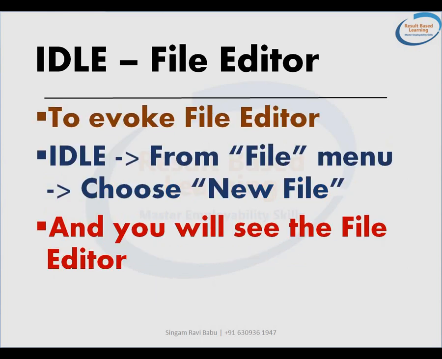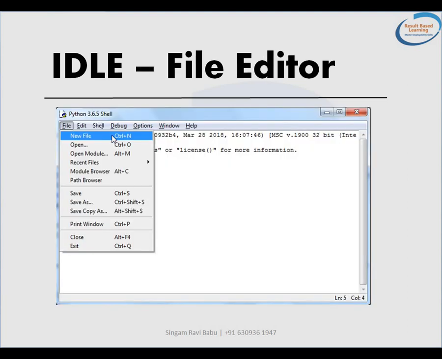To invoke the file editor, we open the IDLE. In the IDLE we choose the file menu. From the file menu we choose new file, and once we choose new file we will see the file editor.